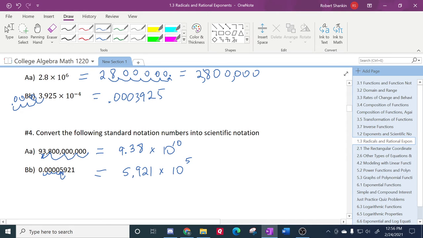Oh, if I move this to the right 5 places, it's not going to be this. So it doesn't make sense as a positive, so it must have been negative. And then move it to the left 5 places, dividing by 10 5 times would create this. All right, give me a little feedback on numbers 3 and 4.